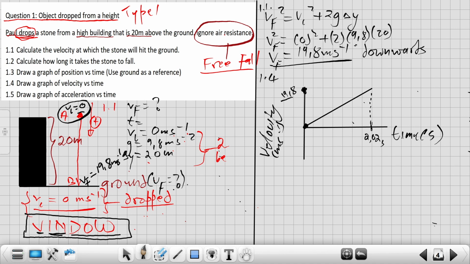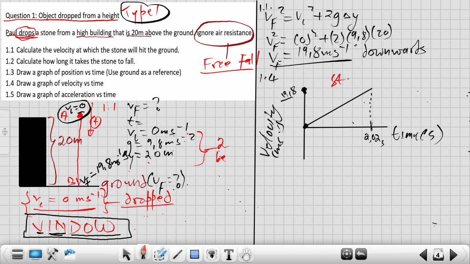So this is now relating this information of calculations with the graph, for type 1, where we have an object that is just being dropped. With an object that is dropped, this is what we need to look for, that we are able to draw a graph of position versus time. We are also able to draw a graph of velocity versus time. Velocity versus time, I need to emphasize, will always be a straight line.